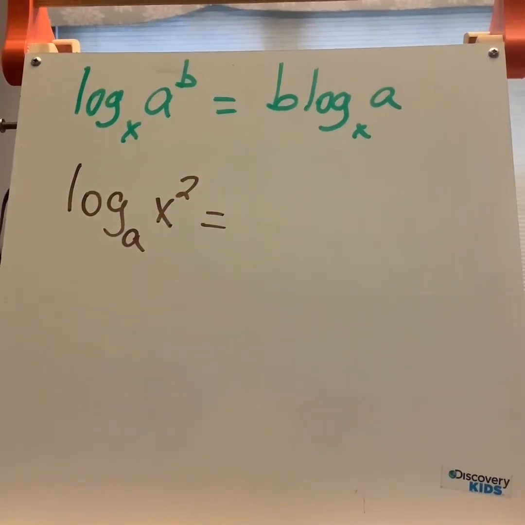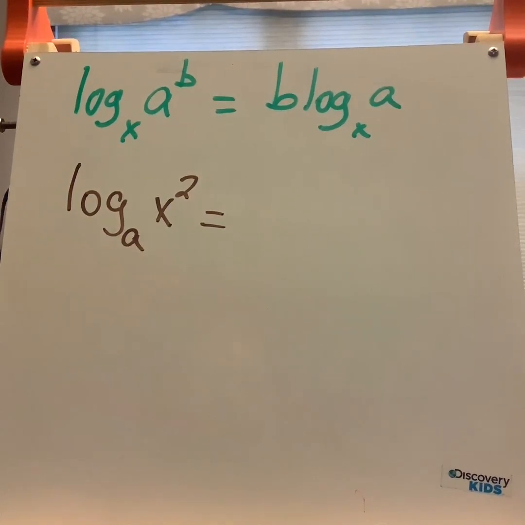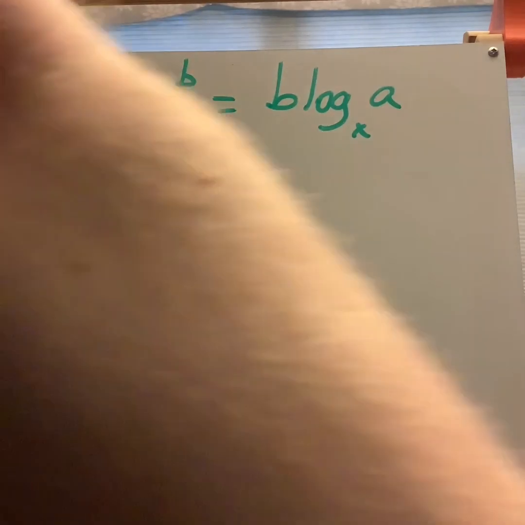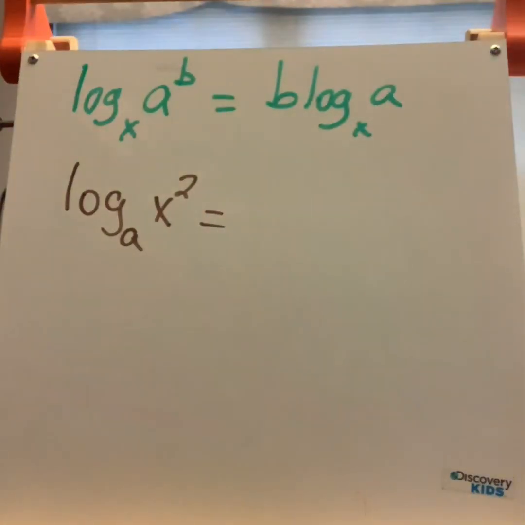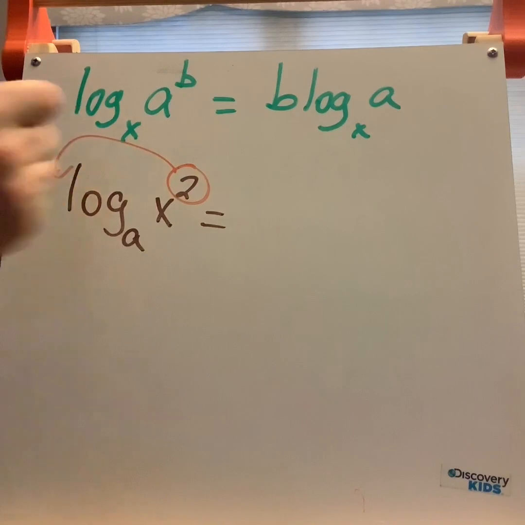And then finally, here's applications of the power rule, which is the log base x of a to the power of b is equal to b times the log base x of a. Kind of looks like blog. But in any case, if we have to expand the log base a of x squared, we're just going to take this exponent of 2 and just kick it out to the front.